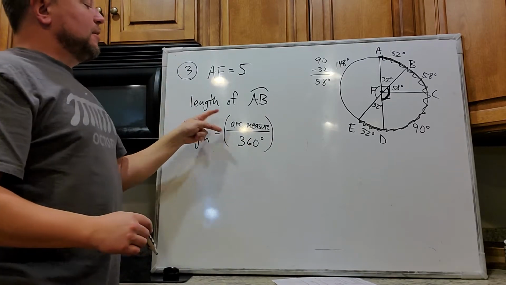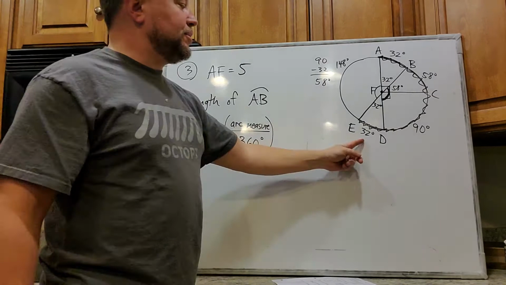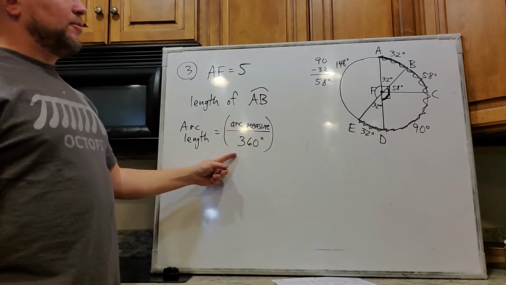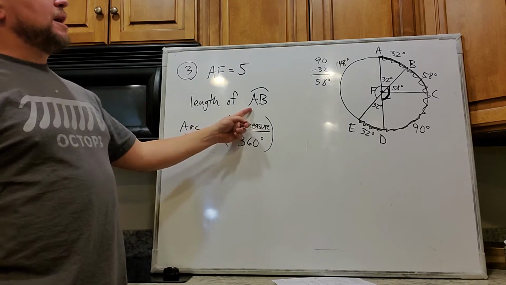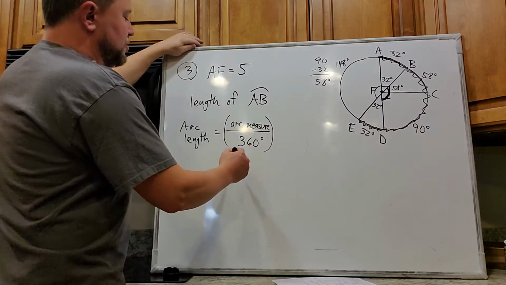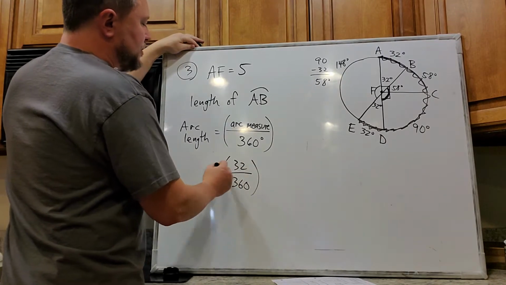That's simply going to tell us how much of a circle we have. Like if it was this 32 degree arc here, that's 32 degrees out of a full circle of 360. In this case, it's arc AB we're looking at, which, what do you know, is 32 degrees. So that is going to go in over the 360, because that's going to tell us how much of a circle.